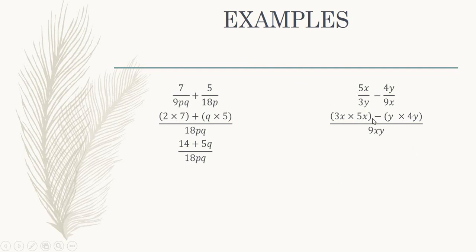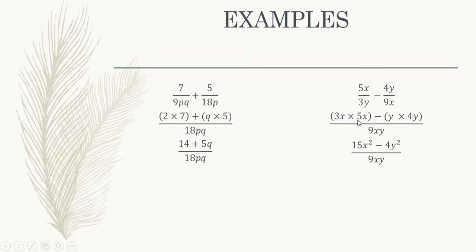Now 3y into 9xy, that's going to give us 3x. What should we do with the 3x? Take it to multiply the numerator of 5x. Put back our subtraction sign. And then 9x into 9xy. 9x will cancel out 9x. What we're left with is y. What should we do with the y? Take it to multiply our numerator of 4y. Right? And then at that stage, what you're going to do is carry out the multiplication.